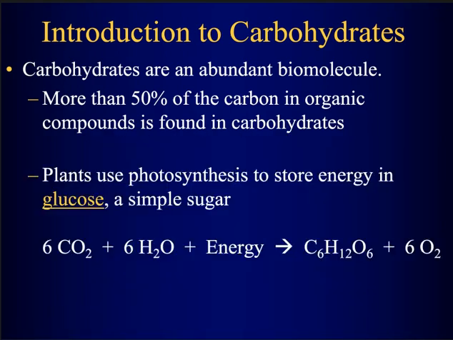So not only is it in the cellulose, but plants use photosynthesis to store energy in glucose, which is a simple sugar. So photosynthesis gives us carbon dioxide plus water plus energy, that's our sunlight, gives the plant some glucose and oxygen.